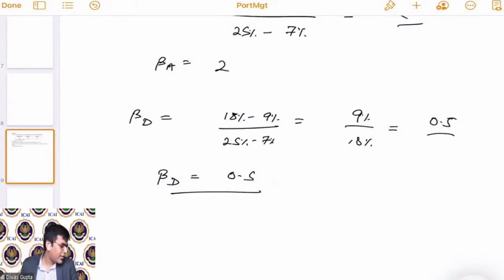The formula that has been used in the study material, if you divide both the numerator and denominator by n, you will arrive at the same formula that I have also written. So don't get confused between the two formulas, because they look a bit different, but the result is the same. In the study material, if you divide both numerator and denominator by n, you will get the same result.